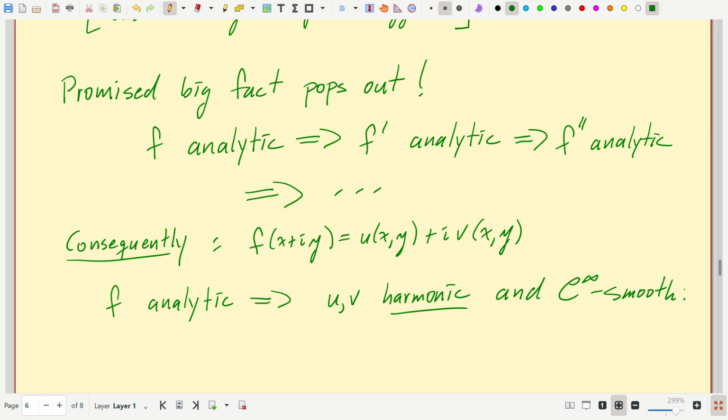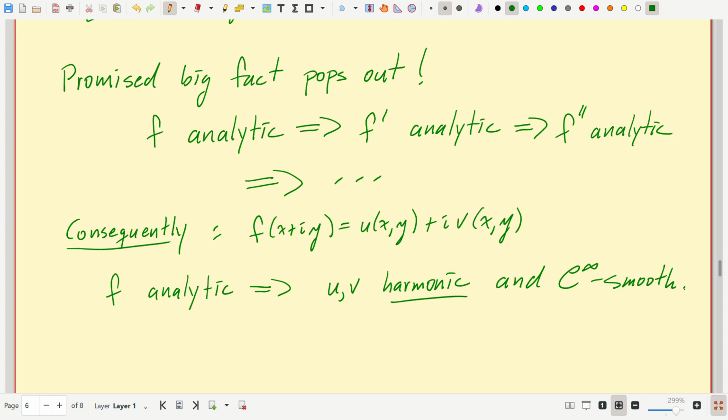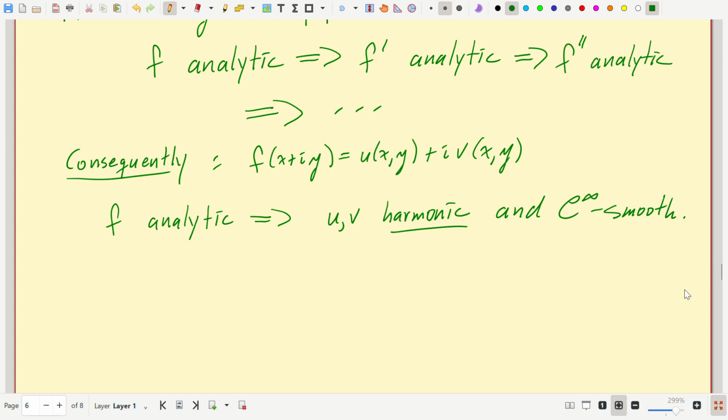Let's see. So the exciting moment here is that first formula where I differentiated once is going to lead to a very quick and easy proof of the fundamental theorem of algebra next time.